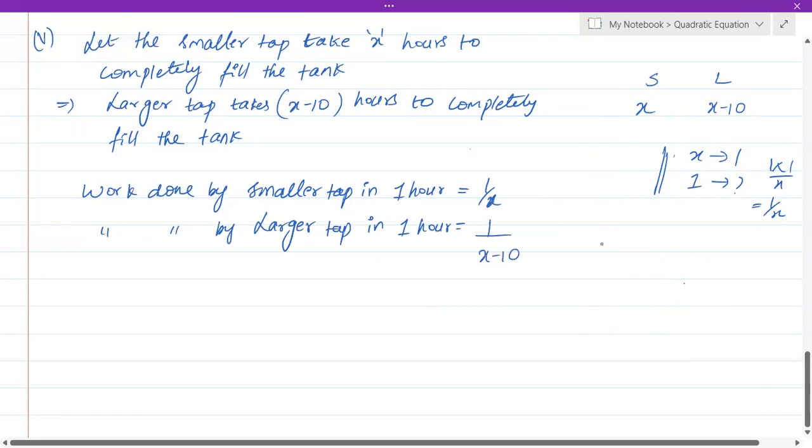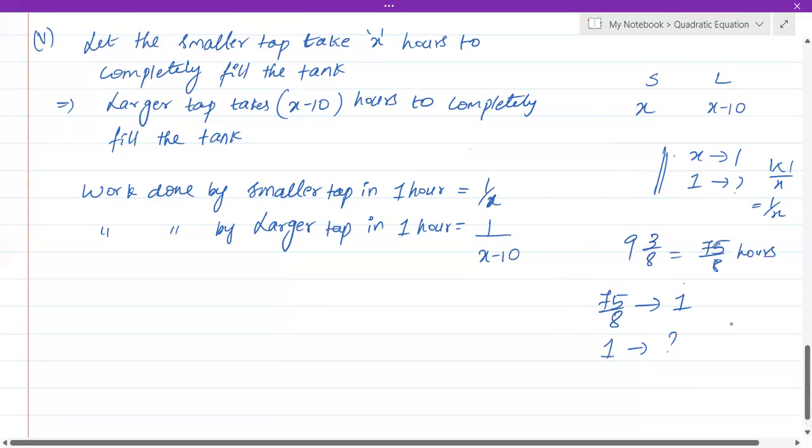Now observe, it is given in the question that in 9 3/8 hours, that is 75 by 8 hours, one job is done by both the taps. Both the taps take so much time, that is 75 by 8 hours to do one job, that is filling the tank. Now in 1 hour, what will be the job done by them?